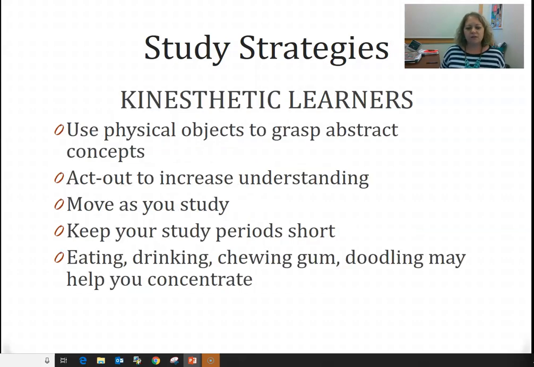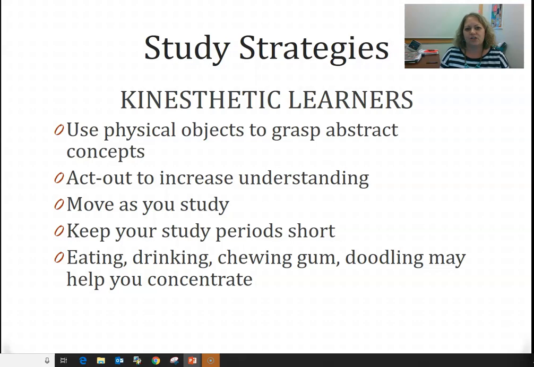Kinesthetic learners: using physical objects to grasp abstract concepts. Think about when you were a kid and you were doing math, right? What did you do? You went and got, let's say, paper clips to count things out. Or you used a box of crayons and you took out those colors. Or you used the little contraption with the balls on it. I can't think of what that thing's called. So using objects to help you in grasping that information, things that you can touch, you're going to remember it, okay?